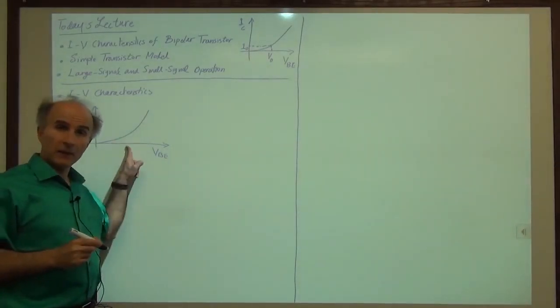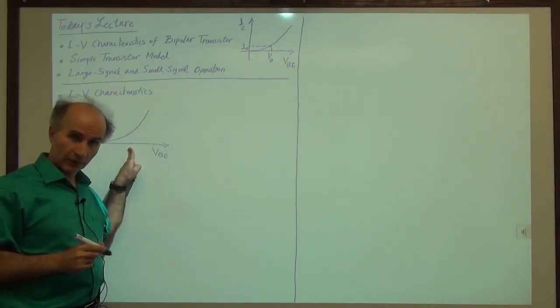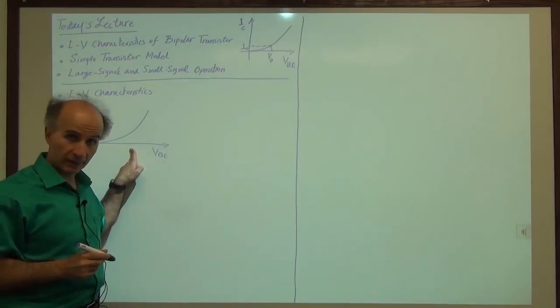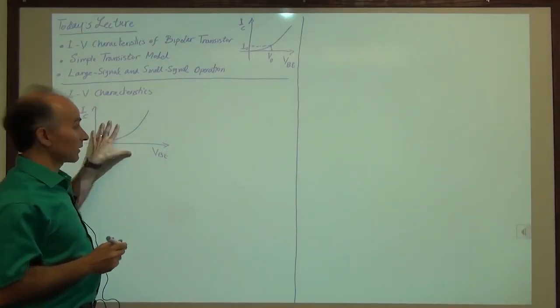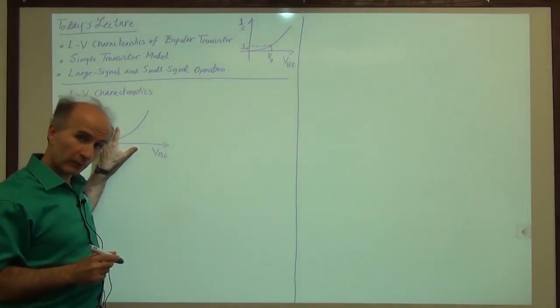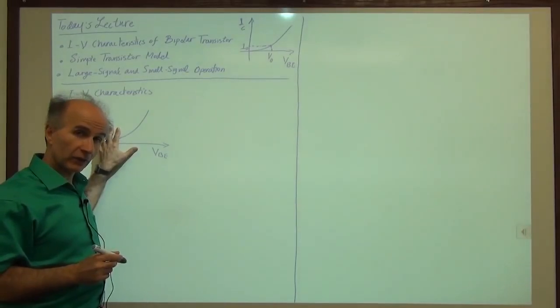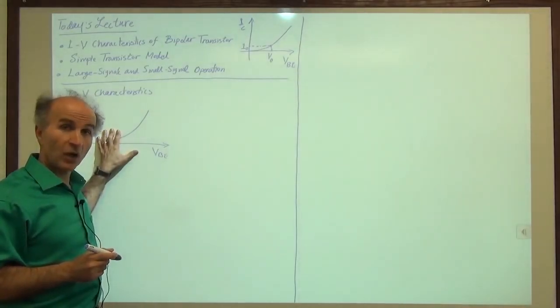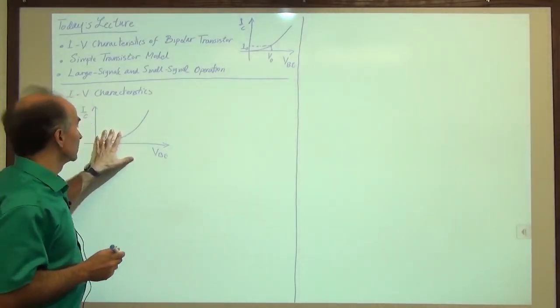In this test, we are varying the base emitter voltage, but the collector emitter voltage is constant. And remember that this model is valid only in the forward active region, meaning that the base emitter is forward biased and the collector base junction is reverse biased, or maybe it has zero bias on it. It is not forward biased.